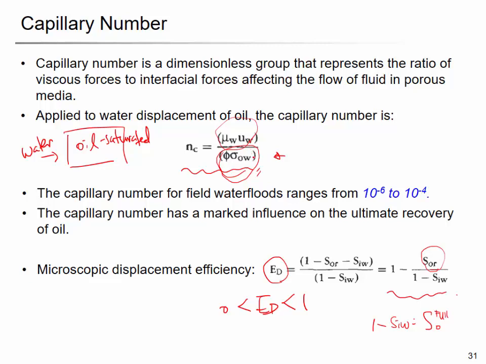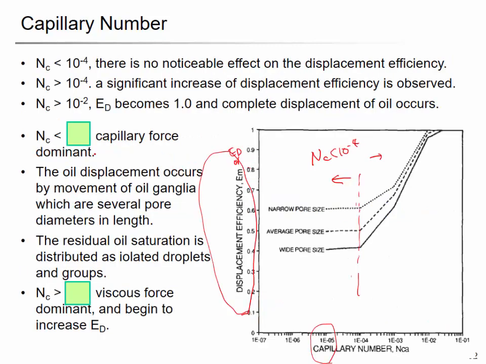So when the capillary number is less than 10 to the negative 4, capillary force is dominant, the capillary dominant regime. And when the capillary number is larger than that, then it's a viscous force dominant regime. It begins to increase with ED. And when the capillary number is larger than 10 to the negative 2, displacement efficiency becomes almost 1, that means the complete displacement of the oil has occurred.